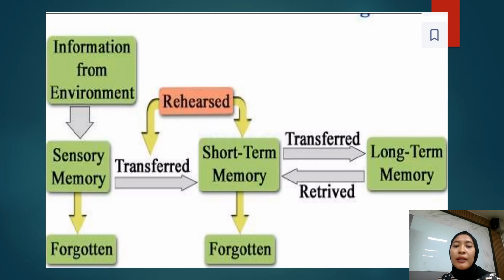So the information that is transferred into long-term memory will be stored in our brain for a longer period. And later, when we need the information, then it will be retrieved. So we can use the information again as necessary. Okay, so this is the process of how the information is stored and retrieved for longer use.